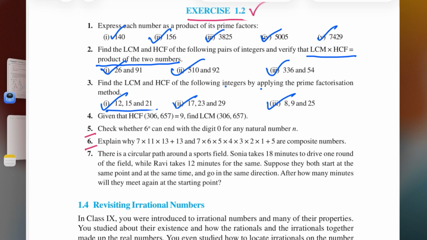Problem number 6. Explain why 7 into 11 into 13 plus 13 and the other one are composite numbers. Here we can consider the first one, 7 into 11 into 13 plus 13.